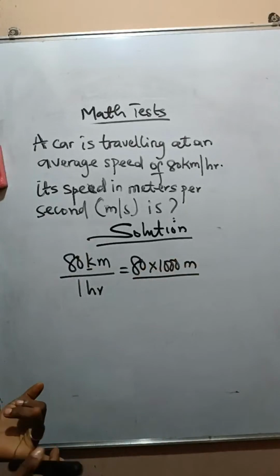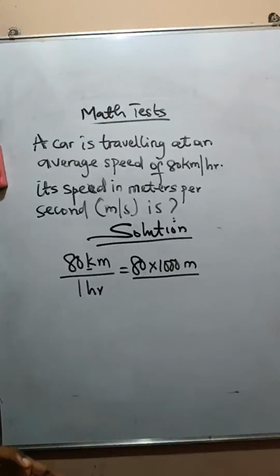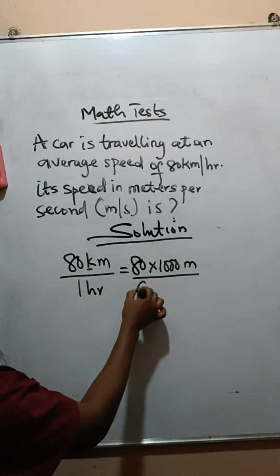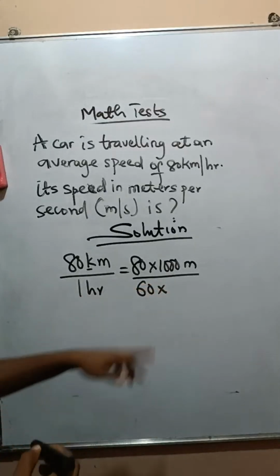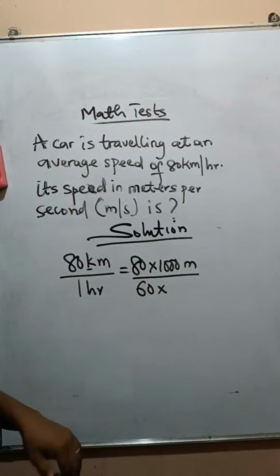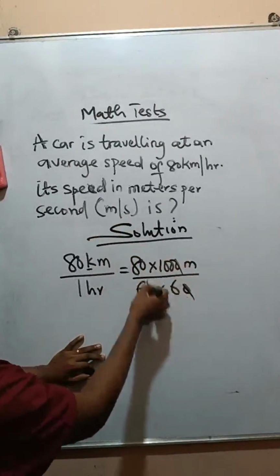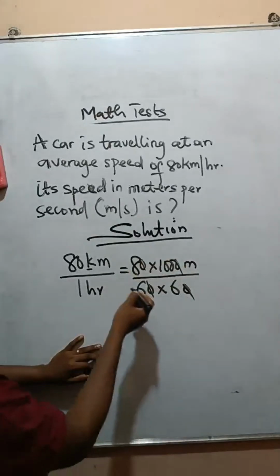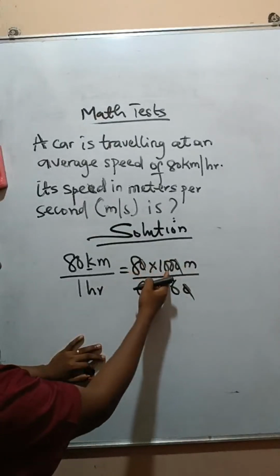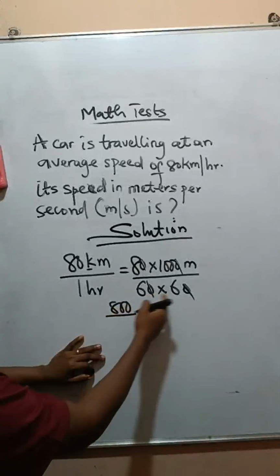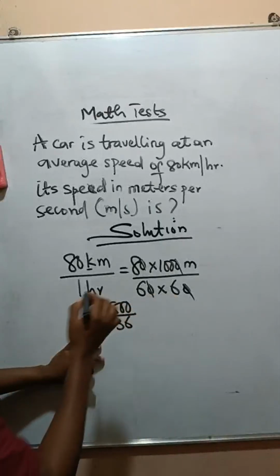60 seconds make 1 minute. 60 minutes will give us 1 hour. So to convert 1 hour to minutes, we multiply by 60. To convert the minute again to seconds, we multiply by the second 60. So if we divide and divide, what we have is 8 times 100, which is 800, divided by 6 times 6, which is 36.